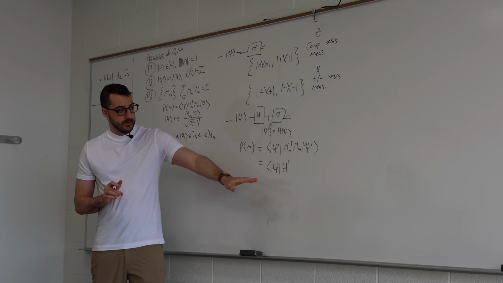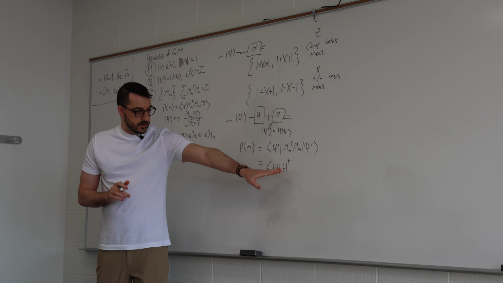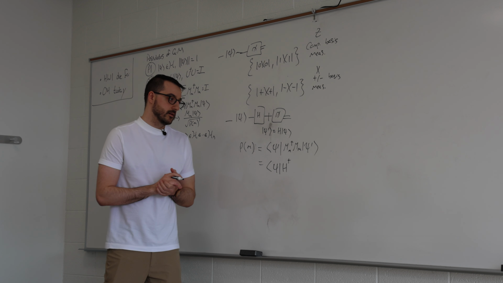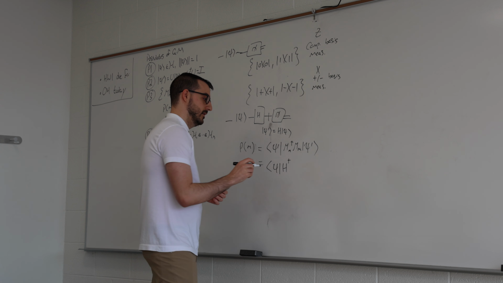And Hadamard itself is a Hermitian gate, so we could include the dagger or we couldn't. M_m dagger, M_m, and on the right will be Hadamard acting on the state psi. So now all it is a matter of grouping, more or less. So here I thought about grouping the gate acting on the state so we could get some traction to see what's going on. But I could equally as well think about grouping the gate with the measurements. And that's what's actually going to change it for us.